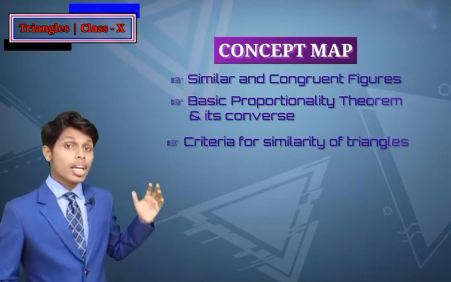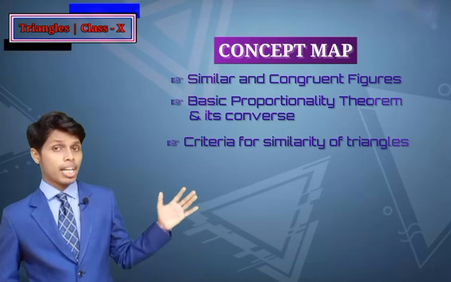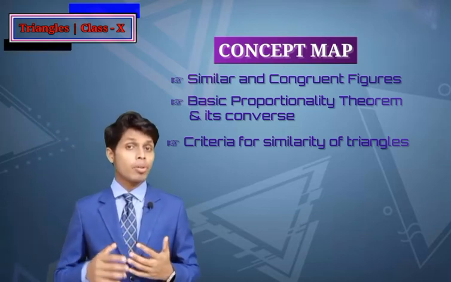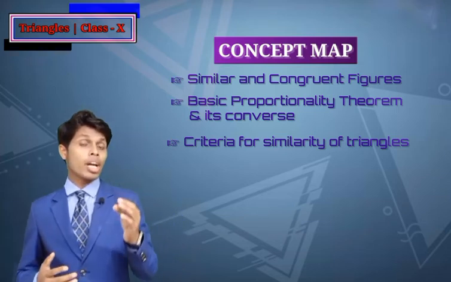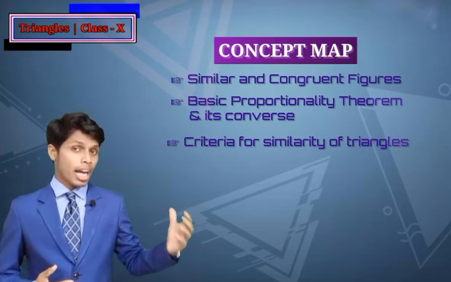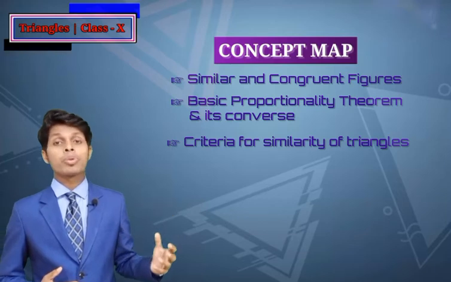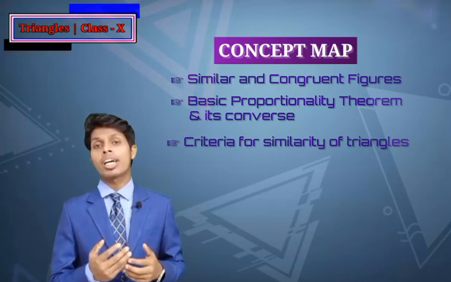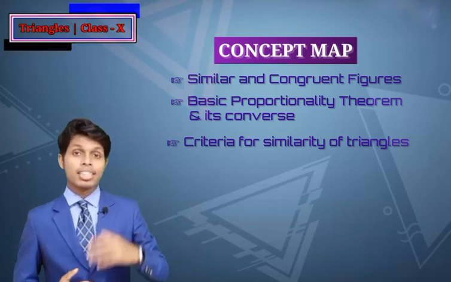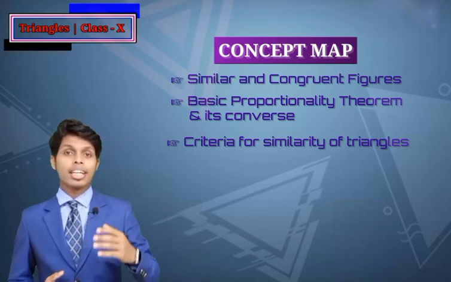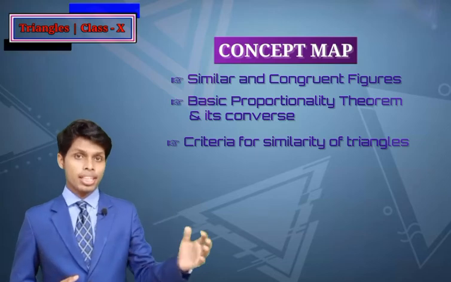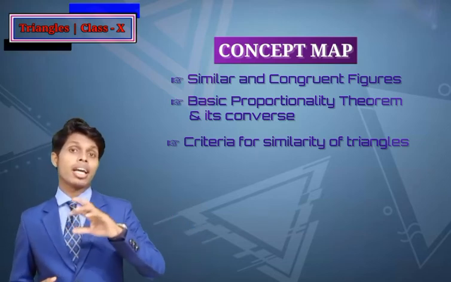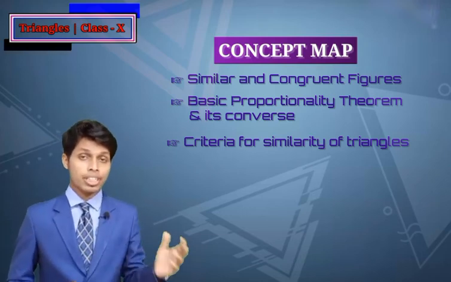Next we will move to the criteria for similarity of triangles. Recall that in the earlier classes we learned about the congruence of triangles, and we learned there are certain criteria on the basis of which two triangles can be congruent, such as side angle side, and then we also had AAS, angle angle side, and there was another one, RHS, right angle hypotenuse side.